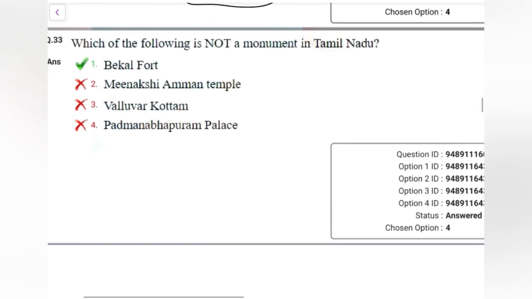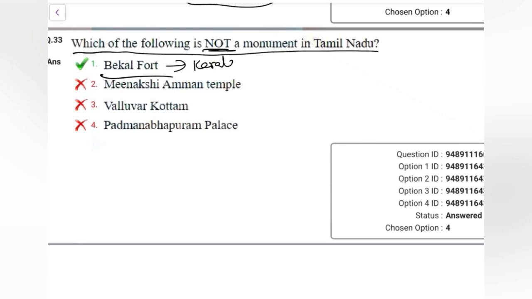Which of the following is not a monument in Tamil Nadu? They have asked not a monument, so Bekal Fort, because it is in Kerala. It was built by Shivappa Nayaka of Keladi in 1650 AD at Bekal.